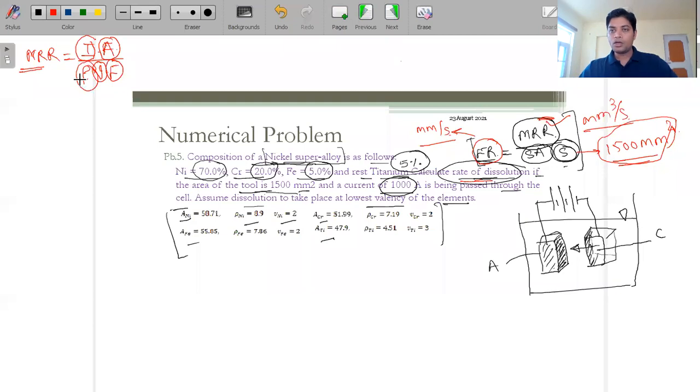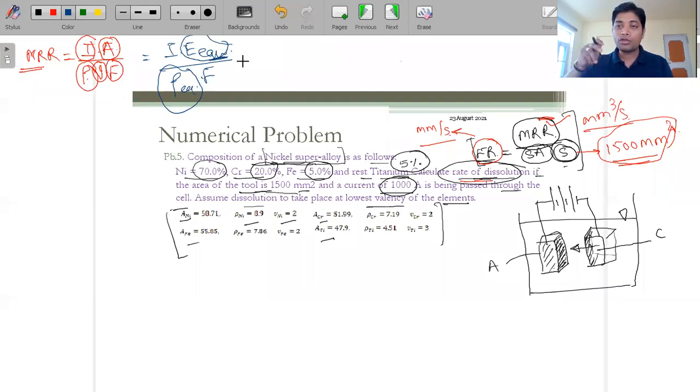But guys, please listen. First of all we saw a problem based on a single element, which is iron. Then we discussed a problem based on a binary alloy, which was the GATE 2008 question, in which it will be equal to I into E equivalent upon rho equivalent into F. So in that binary alloy problem, the density of the alloy was given to you, and the E equivalent, the electrochemical equivalent, was not given.